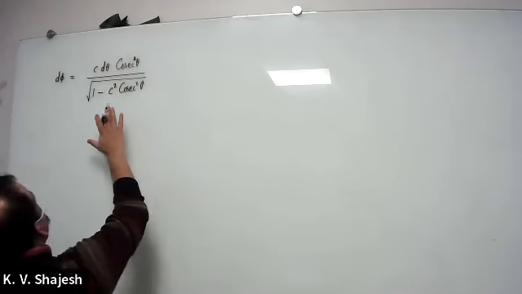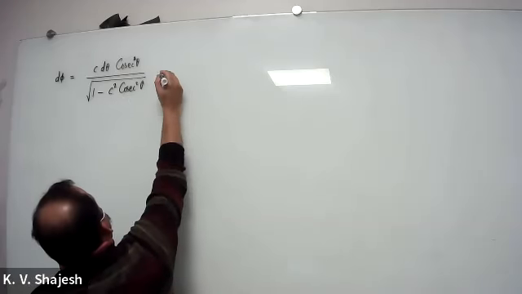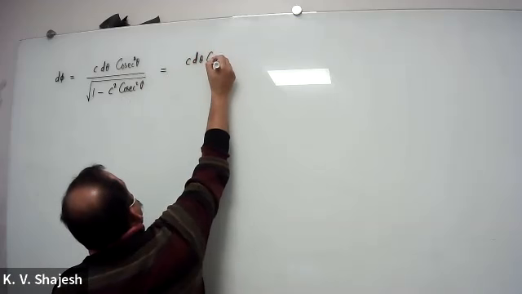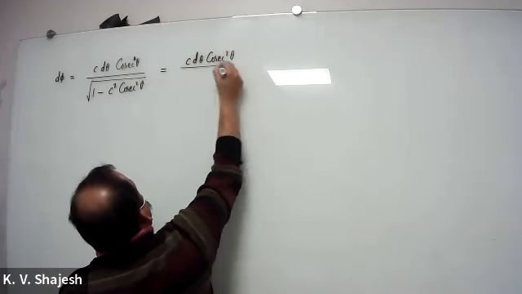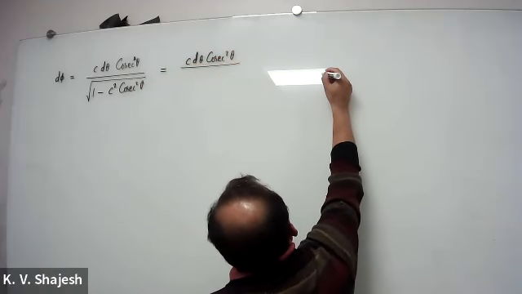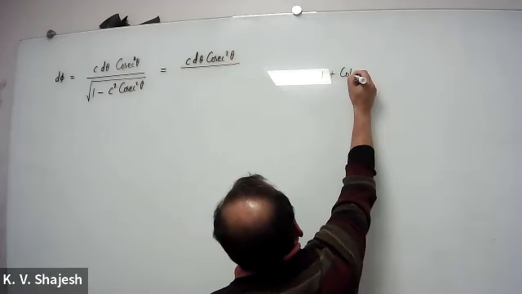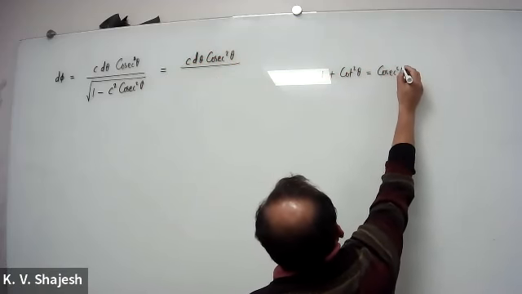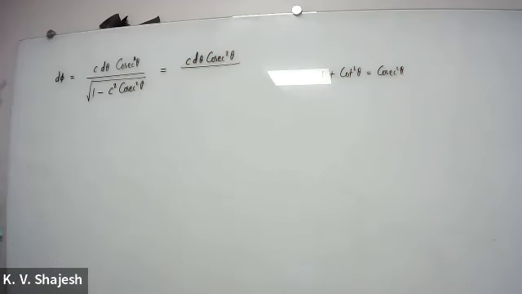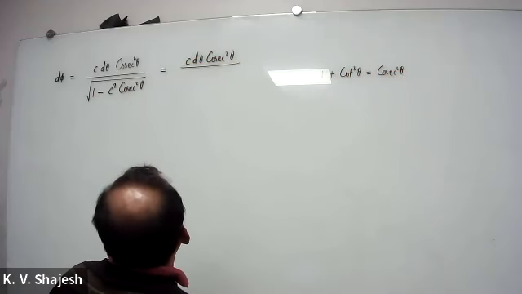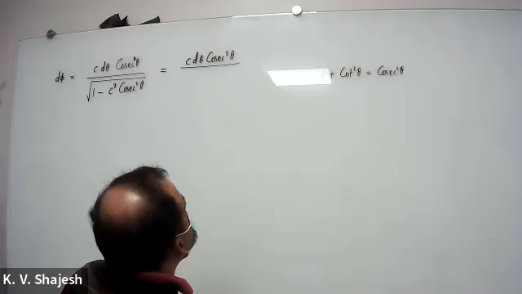Still, I want to process a little bit. I'm not ready for processing yet. So this is c d theta cosecant square theta. Remember your trigonometric identity that 1 plus cotangent square theta is equal to cosecant square theta. I want to use somehow the cotangent piece in there. So use that.